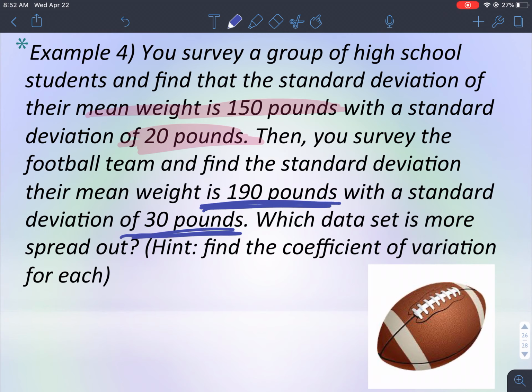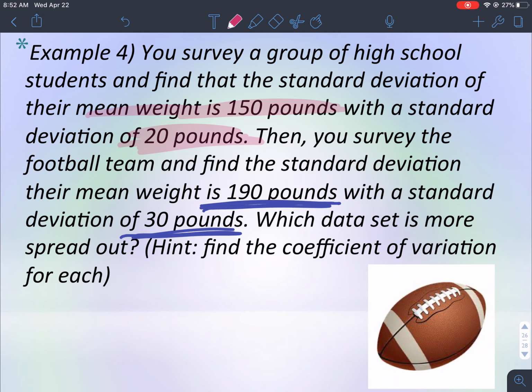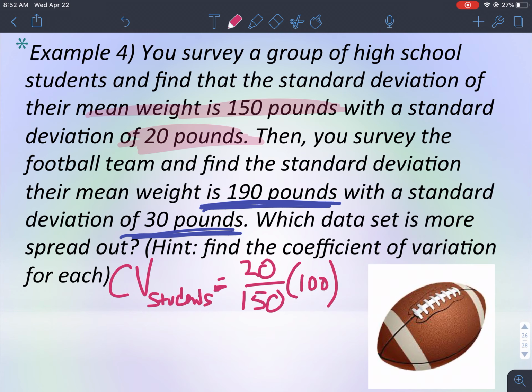Which data set is more spread out? Let's compare the coefficient of variation for the students with that of the football team. So for students, we get a value of 13.3 repeating.